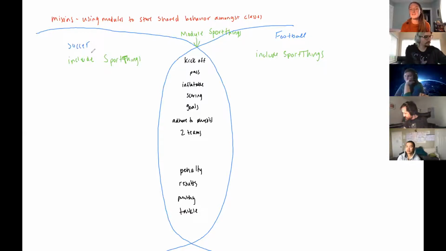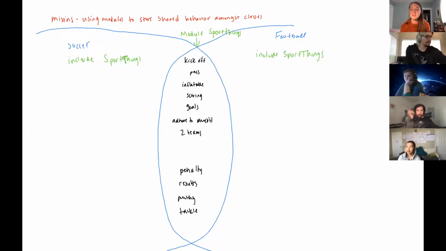You can also imagine that modules, although we're talking about mix-ins right now and using a module for shared behavior, are also great for organizing your code. I think we talked a little bit in your project kickoff, Mike had mentioned that we don't want these classes to get very long.